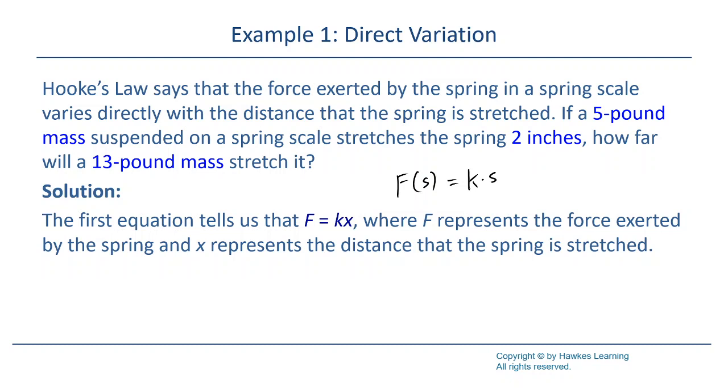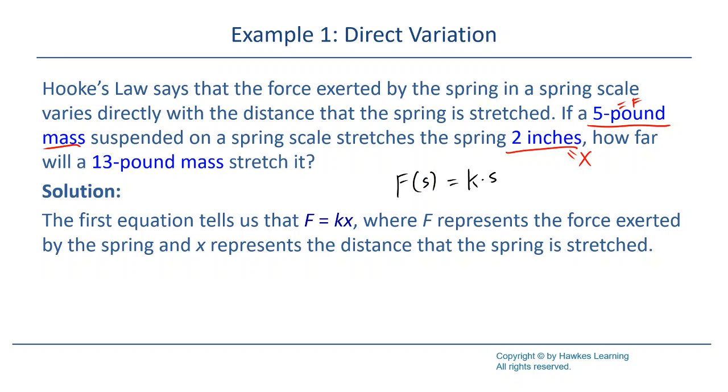So right now, we know that a 5-pound weight will stretch the spring 2 inches. Now note, or 5-pound mass, I'll just say weight. If you look at our formula, this is our force, and this is the amount of distance it's stretched.